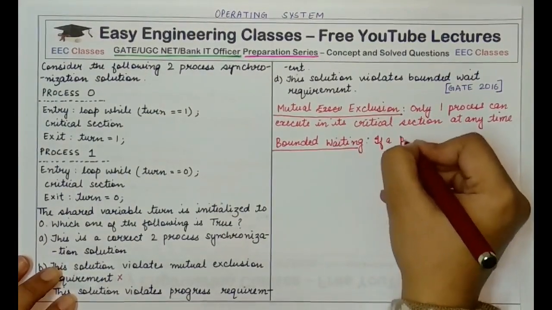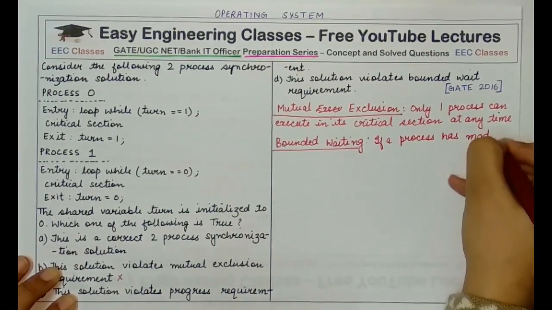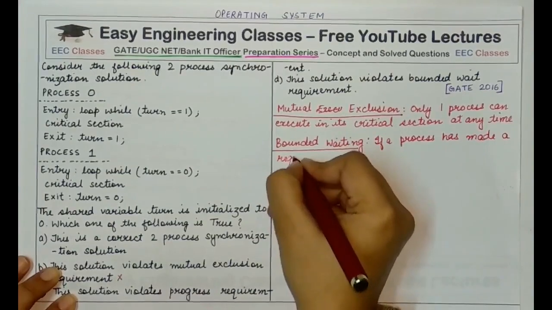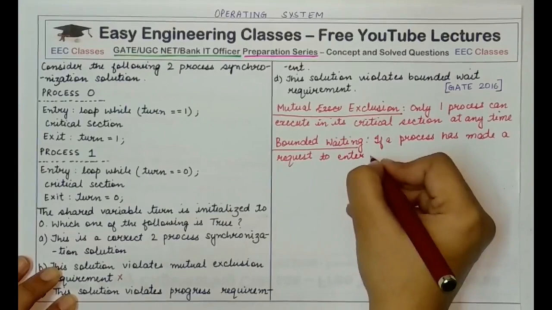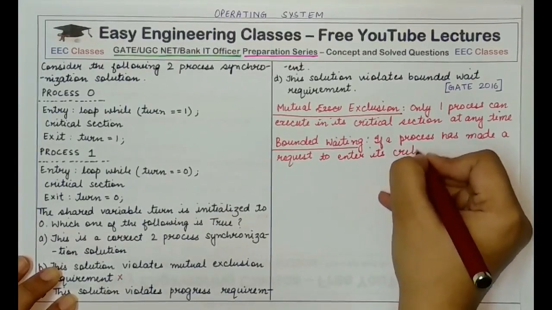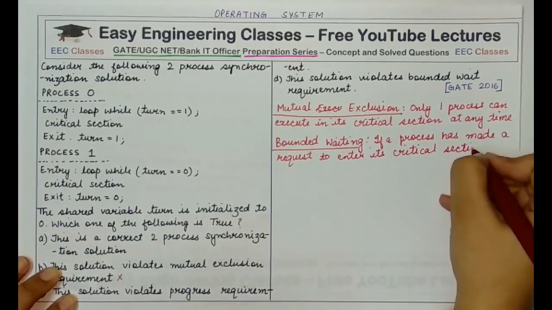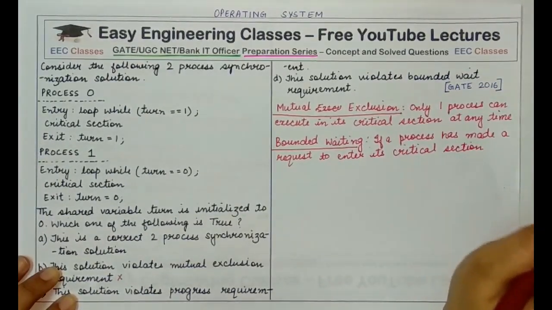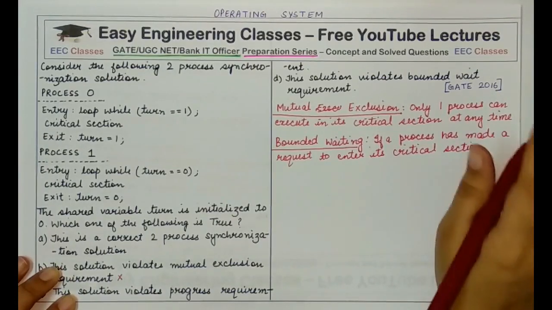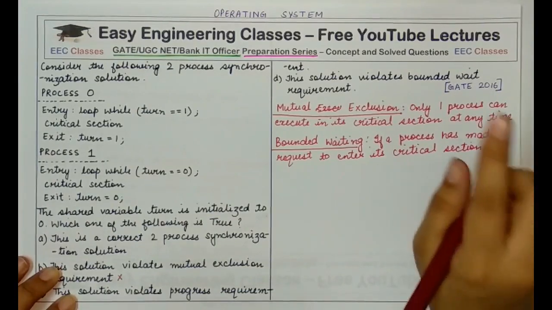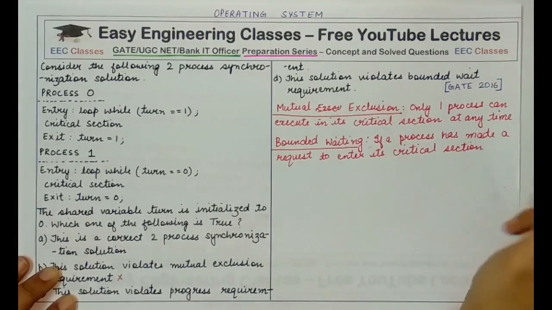If a process has made a request to enter its critical section, then there is a limit on the number of times other processes are allowed to enter their critical section before this request made by this particular process is granted.